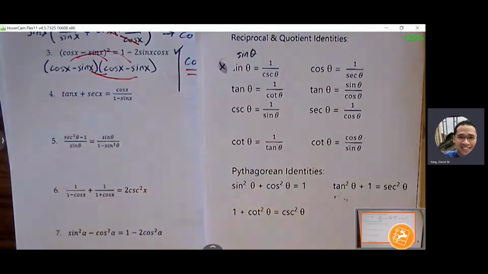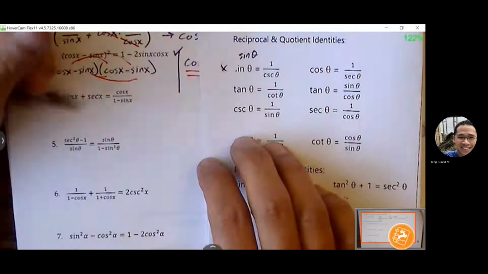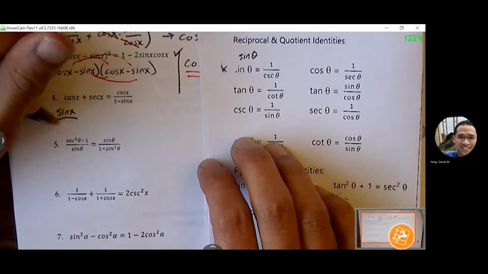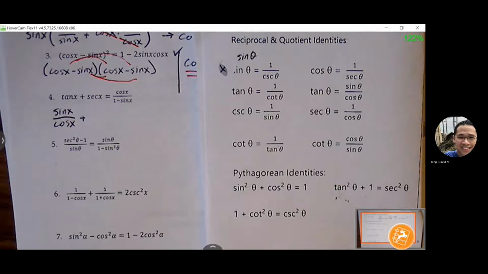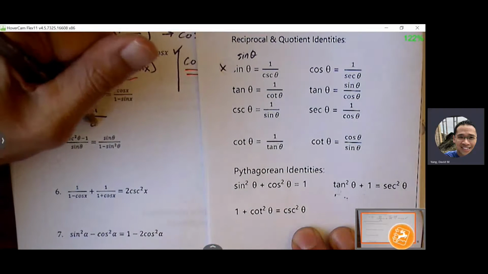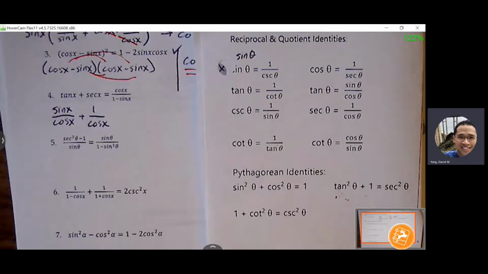Looking at the tangent, sine over cosine. Oh, this is nice because the denominators are already matching, so we don't need common denominators. It's easier.